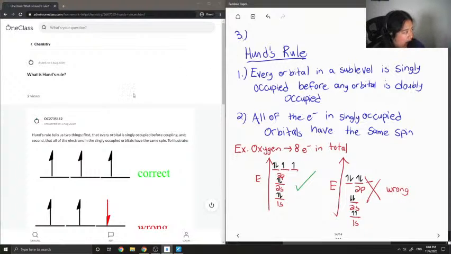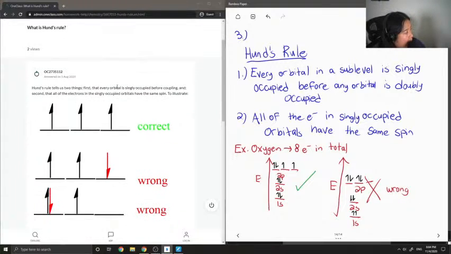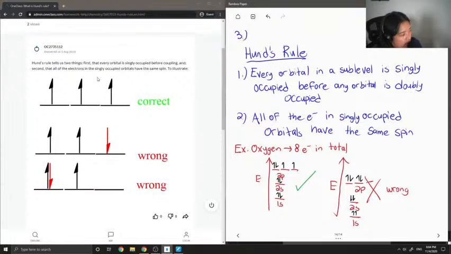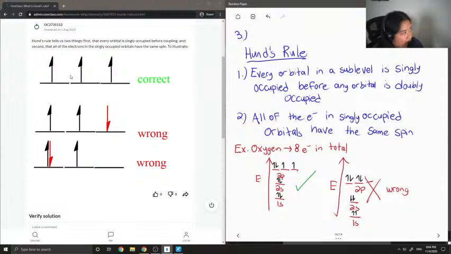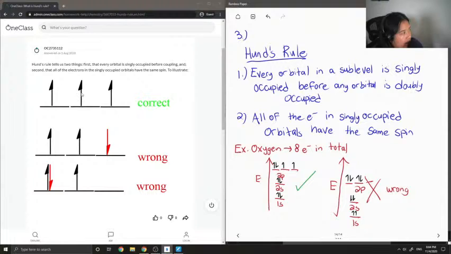Okay, so let's see what our junior tutor said. Hund's rule tells us two things. First, that every orbital is singly occupied before coupling, and second, that all of the electrons in the singly occupied orbitals have the same spin. To illustrate, they have the 3 electrons all pointing up, which is the correct way.